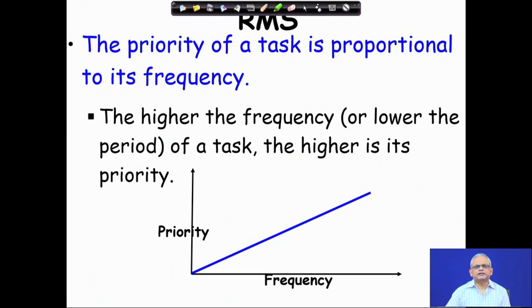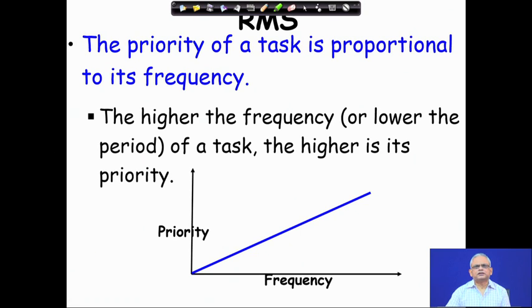Here the priority is statically allocated by the programmer or the designer, and the priority assigned to a task should be proportional to the rate at which the task arrives, or proportional to its frequency.